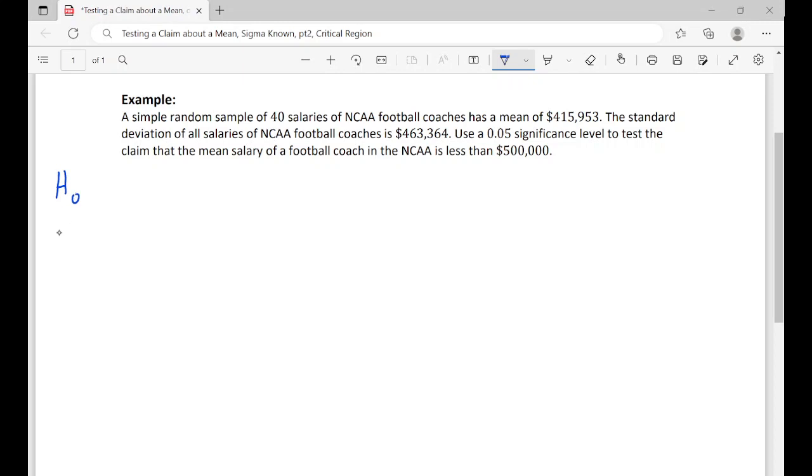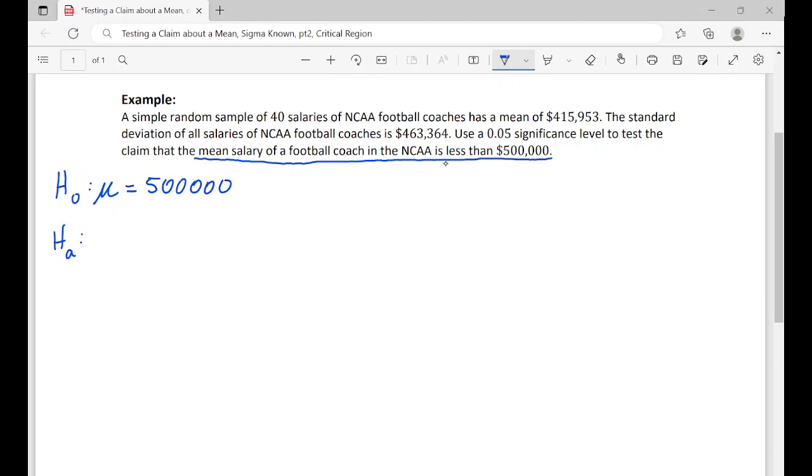labeling our hypothesis test. So our null and our alternative. So we are going to test the claim that the mean salary of football coaches is less than 500,000. So that means we're using mu. And again, our null is going to have equal to the claim, so 500,000.